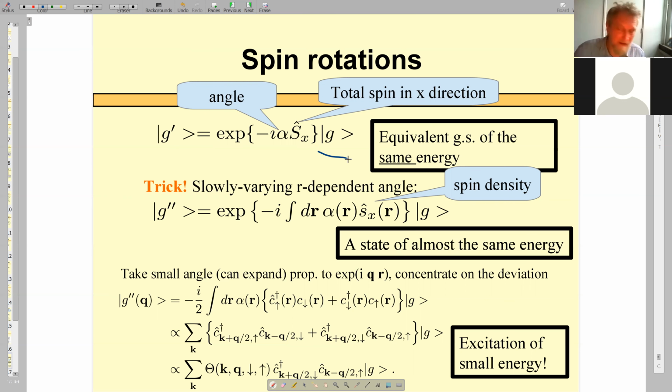You got it in quantum mechanics at some stage. I didn't refresh it, but I assume you know this. Operator of rotation is eventually operator of total spin. Good, I'm gonna rotate in X direction. I'm gonna take X component of the spin. So in that direction, I rotate it about that axis.